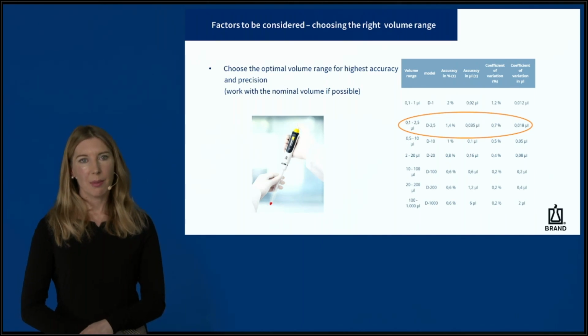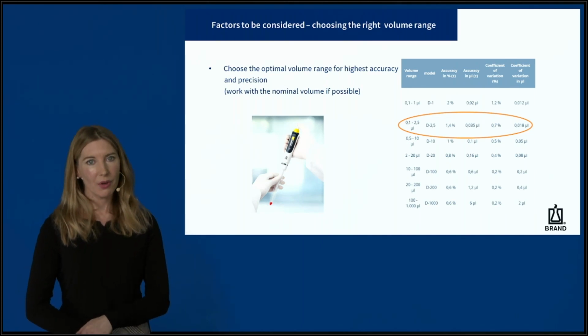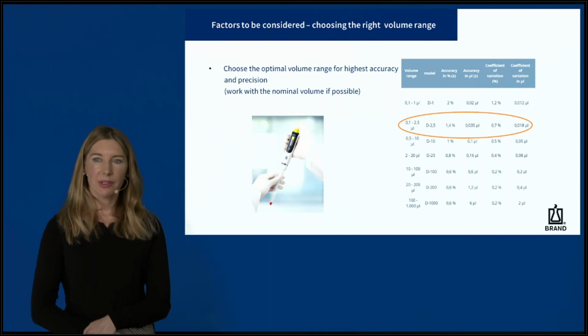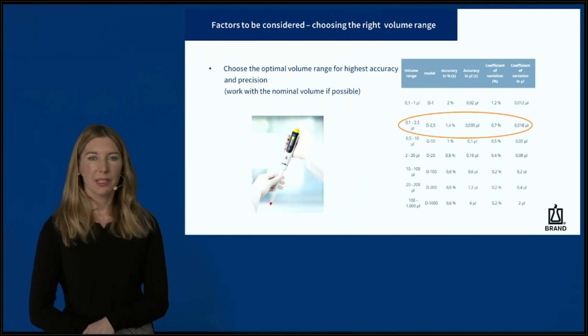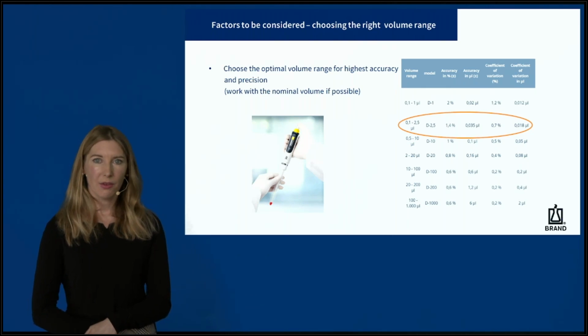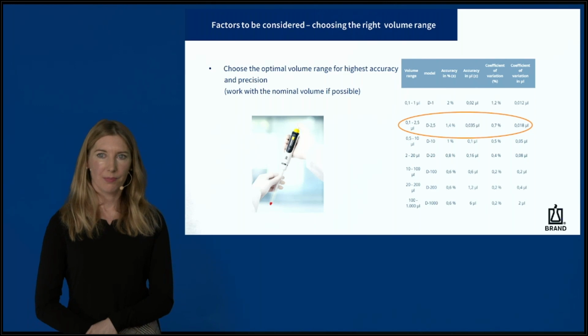What does that mean in numbers? When we have a closer look at a pipette with a volume range of 0.1 to 2.5 microliter, we can see an accuracy of 1.4%. That means plus or minus 0.035 microliter when pipetting the nominal volume.